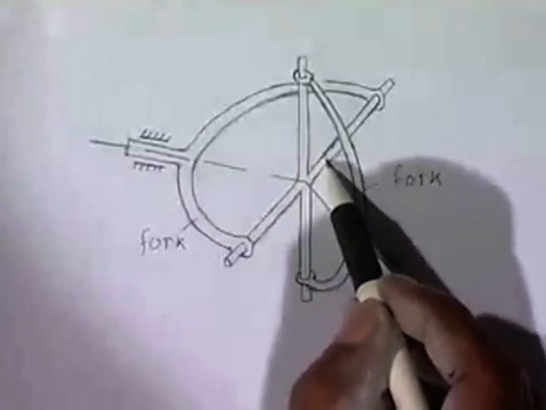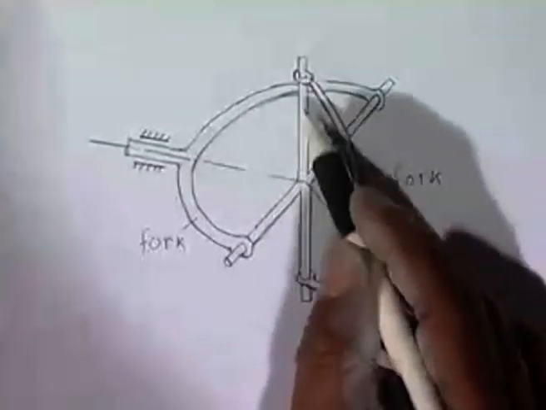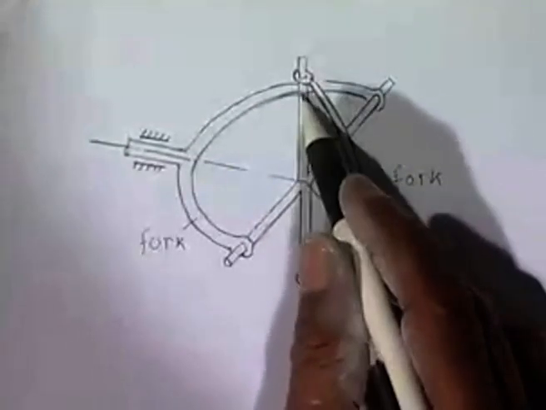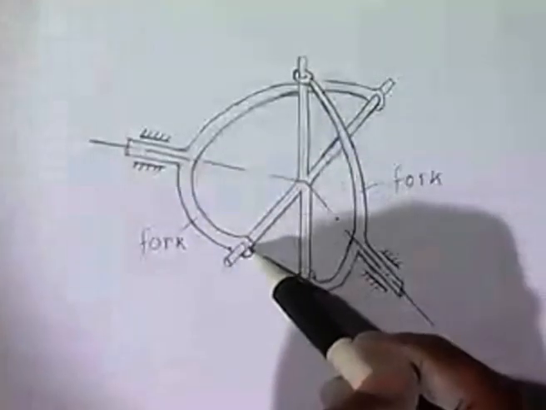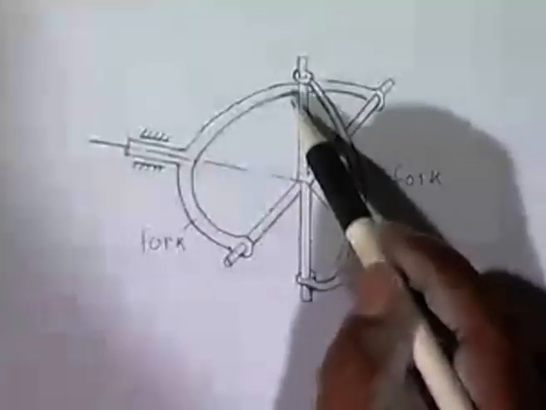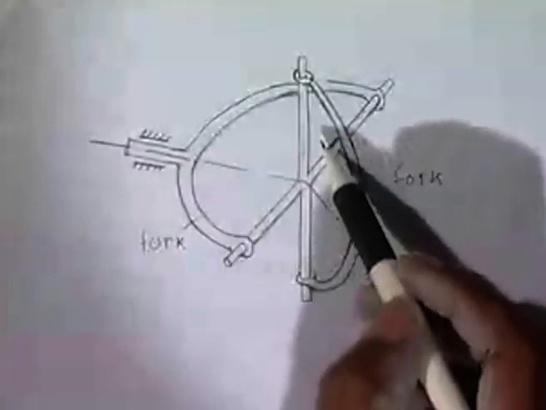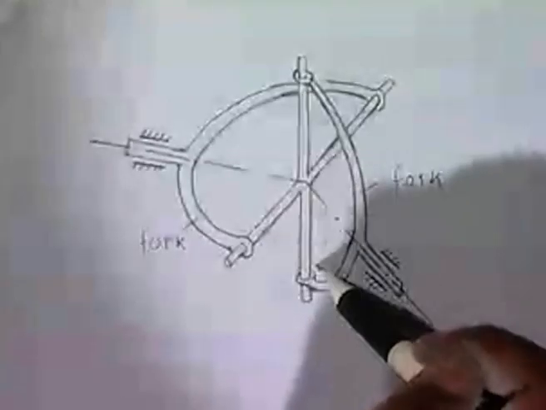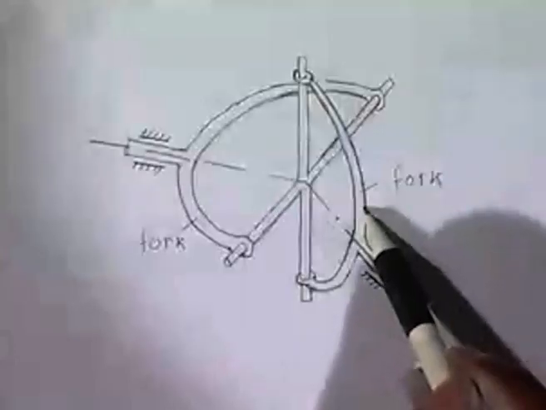And this is a cross arm. The angles between these two parts of this cross are 90 degrees. This is vertical, this is horizontal at this configuration. This horizontal part of this crossbar is mounted in two bearings in this fork. Similarly, the vertical part of this arm is mounted in these two bearings carried by this fork.